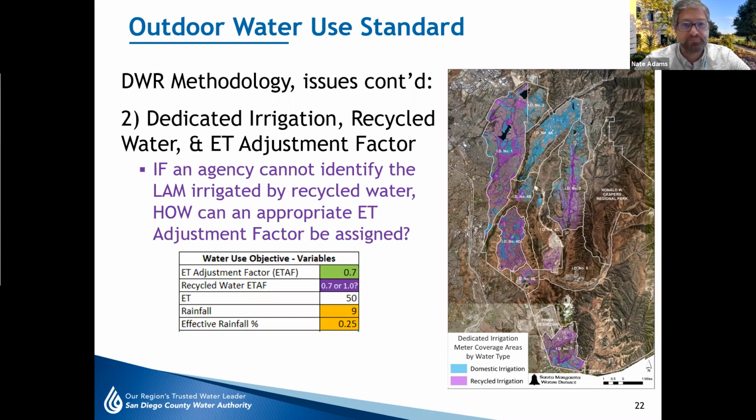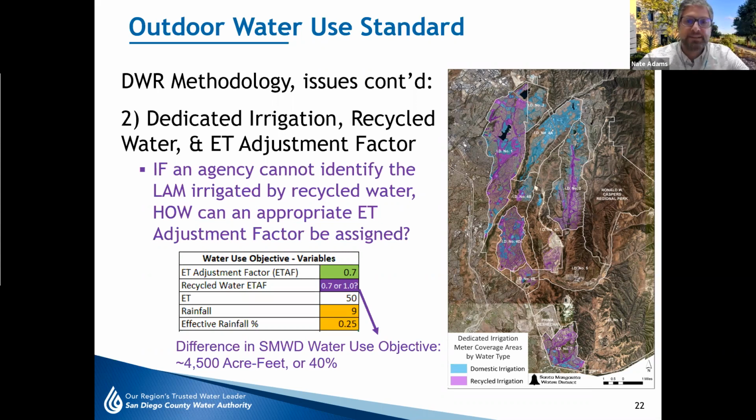Next slide, please. One of the huge things, so this is significant. If we were to only go with a 0.7 ET adjustment factor for all dedicated irrigation, regardless of water type, we would be losing around 4,500 acre feet in our dedicated irrigation landscape budget.